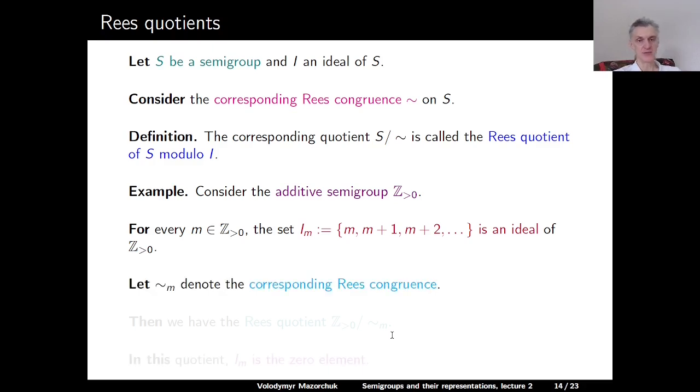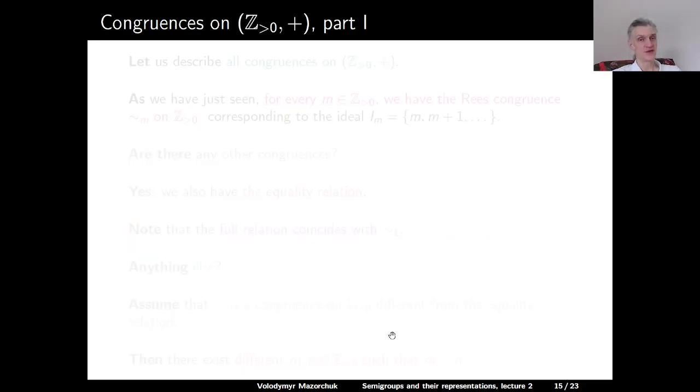Let tilde sub m denote the corresponding Rees congruence. Then we have the Rees quotient of all positive integers by this congruence tilde sub m. And in this quotient, of course, the ideal Im becomes the zero element. So we have just seen an example which contained an infinite number of different congruences on the additive semigroup of all positive integers.